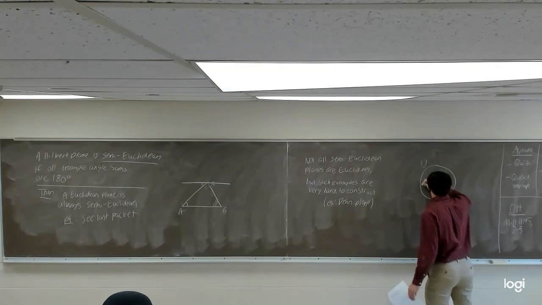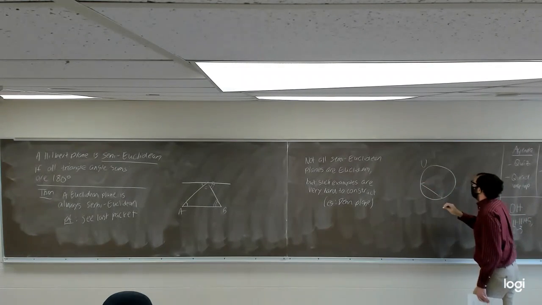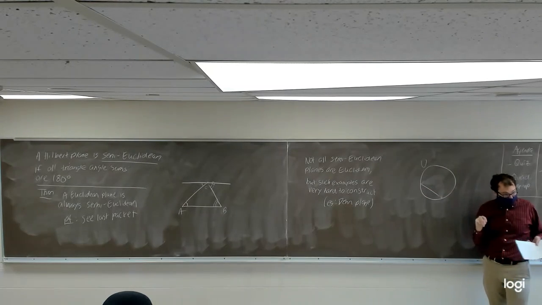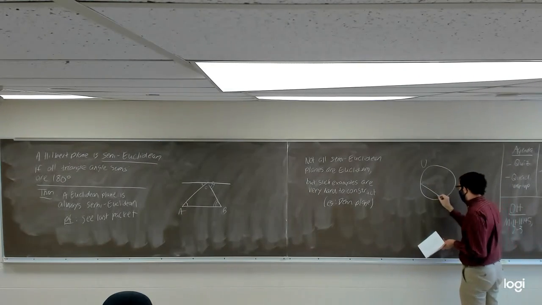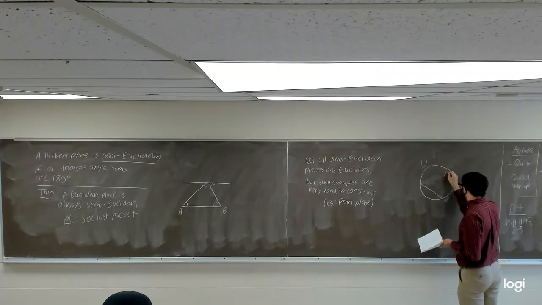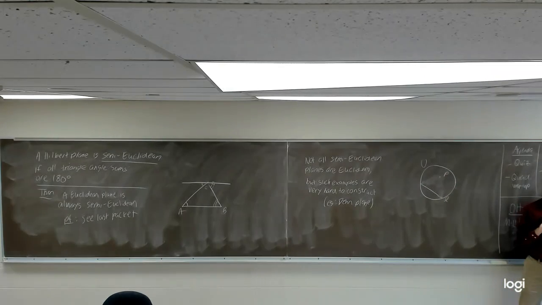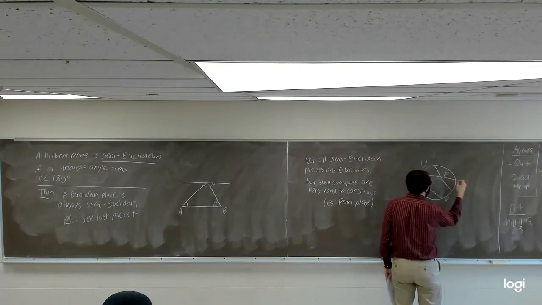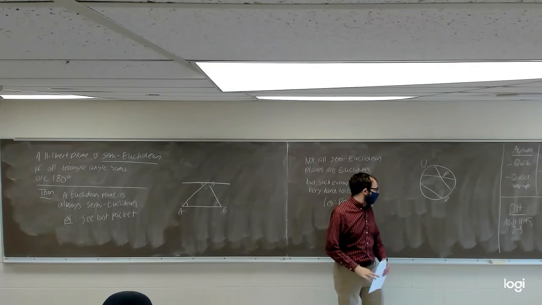But U was also certainly not a Euclidean plane, because if this is our line L and this is our point P, generally we can find more than one line that passes through P and is parallel to L. There, I found two lines that pass through P and are parallel to L.